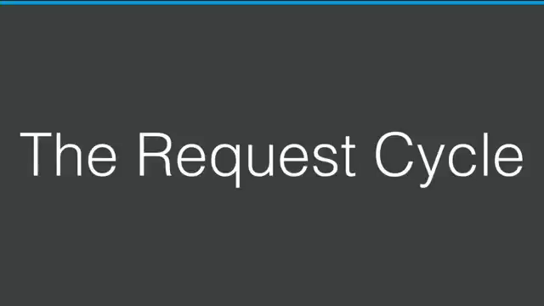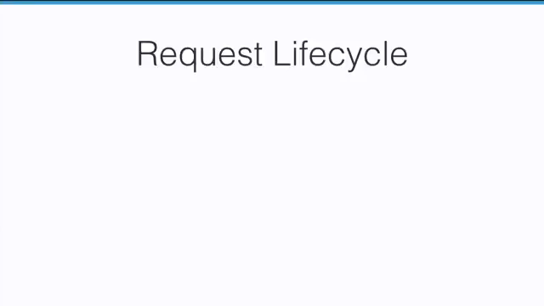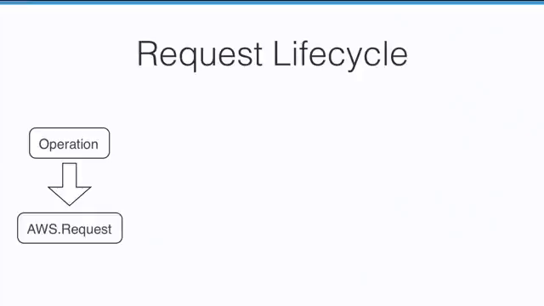So the SDK is made up of requests and responses, and this is a fundamental architecture in the SDK, and I'll talk a little bit about how that works. Basically, you send an AWS request, you get an AWS response. To go a little more deeply into how it works, we have a request lifecycle. You call an operation, and it returns to you an AWS.Request object.